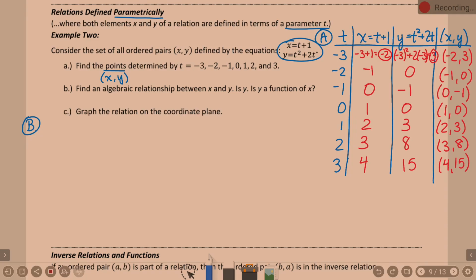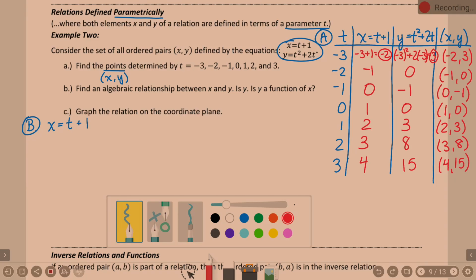So, I don't know if you're processing how we can do this yet. My suggestion, pick one of those equations and solve it for t. Which equation is going to be easier to solve for t? X. The top one, yes. So I'm going to take x equals t plus 1, and solve that for t.